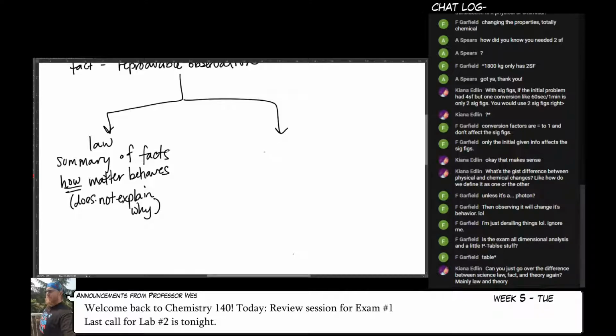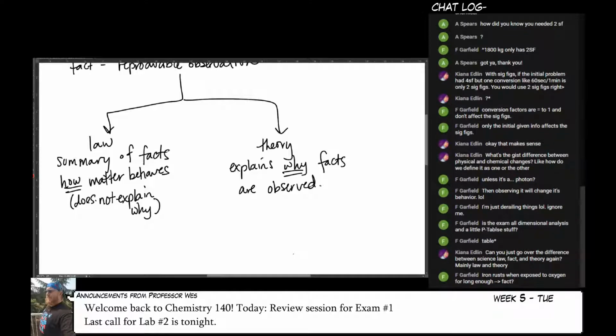A theory, on the other hand, explains why facts are observed. And so a theory is a much more in-depth and detailed sort of thing. So a theory could tell you why do objects fall down?